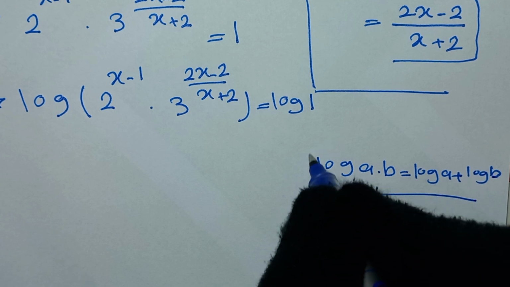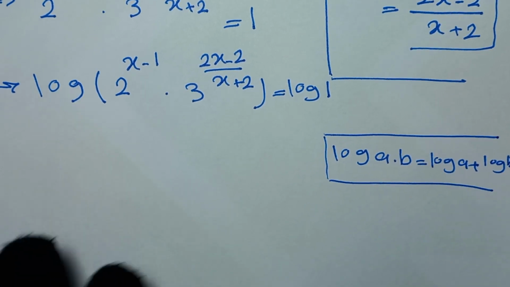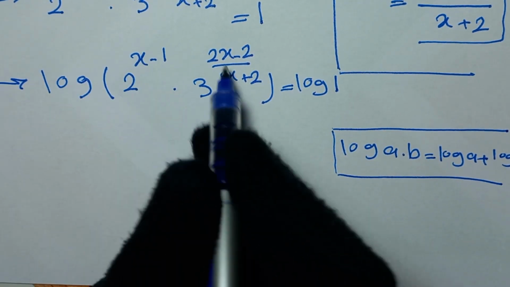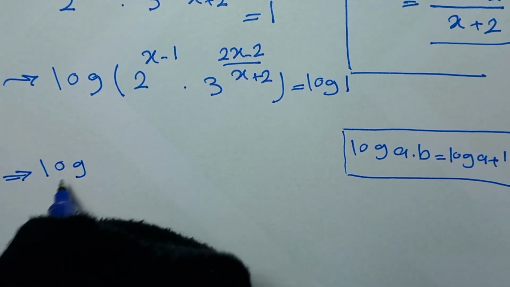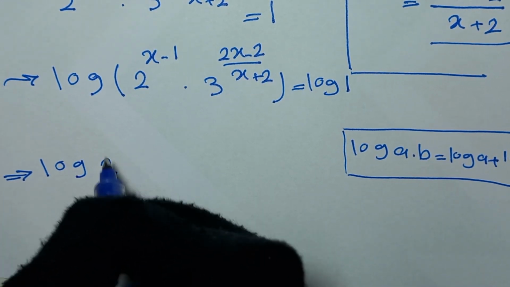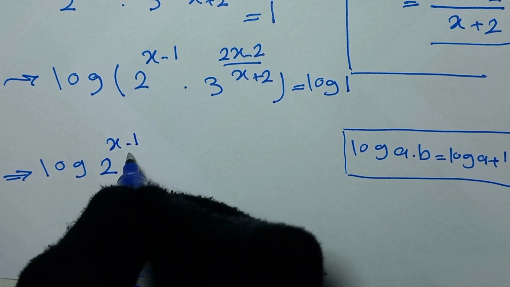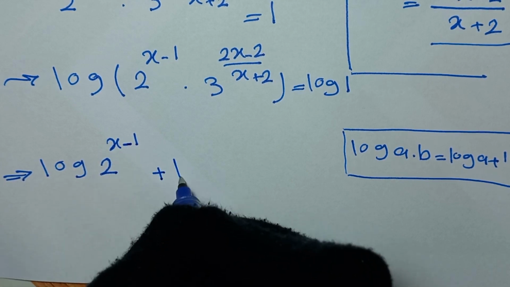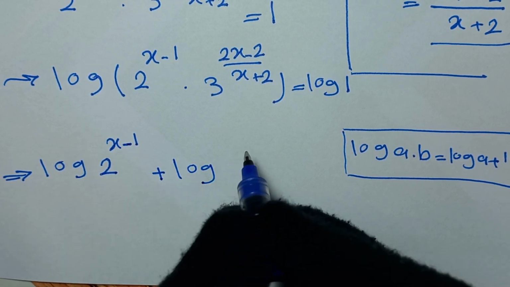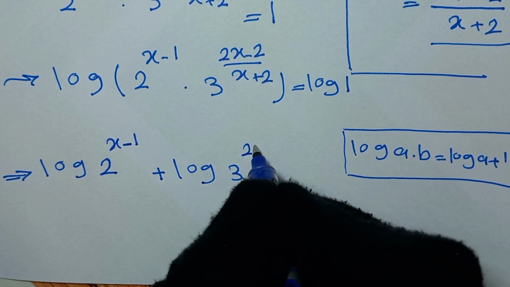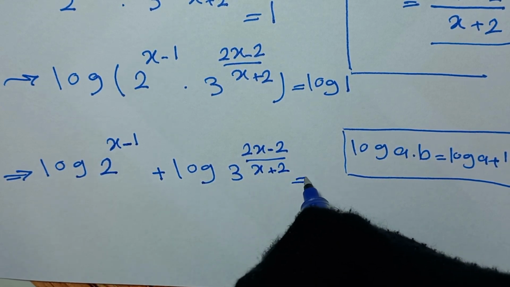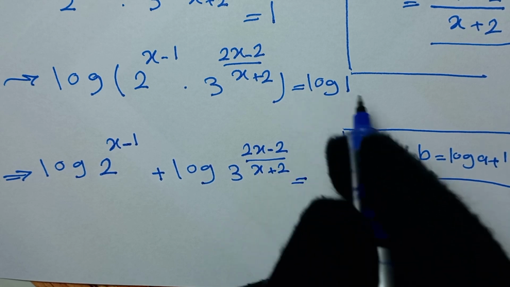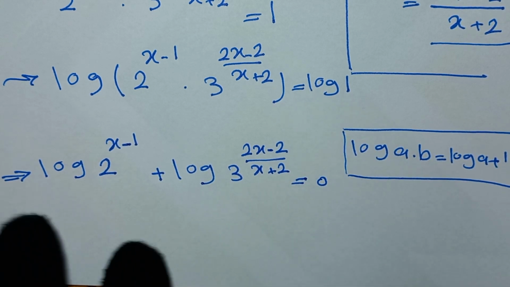So, in here, we have log of this times this. So we can write log of 2 to power of x minus 1 plus log of 3 to power of 2x minus 2 over x plus 2 is equal to log of 1. And log of 1 is 0, right?